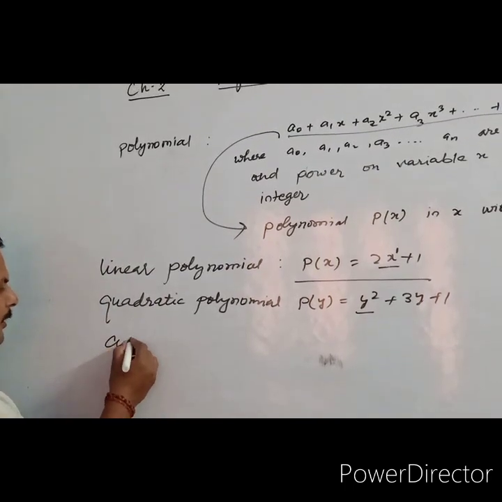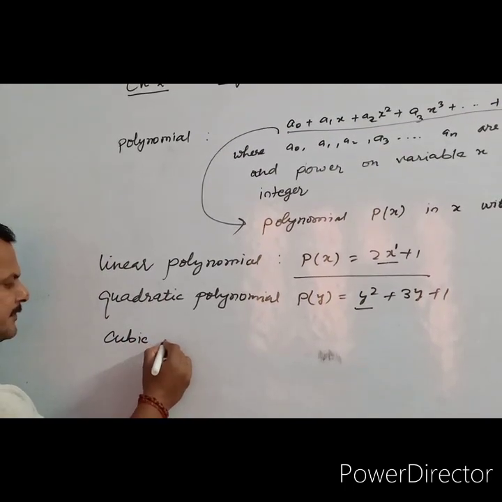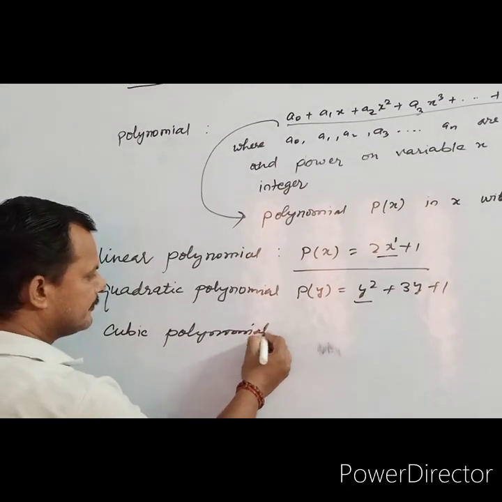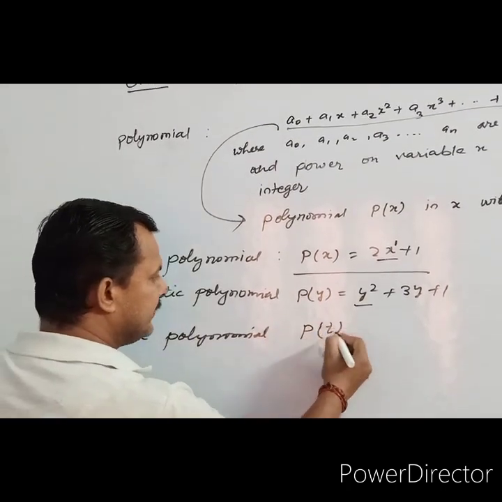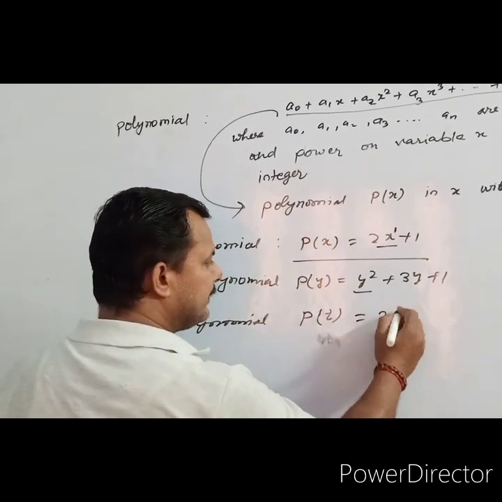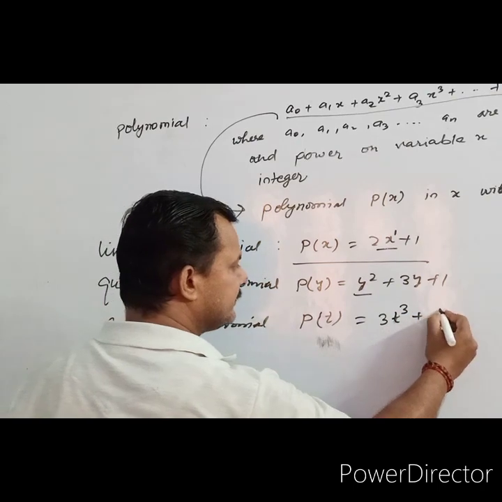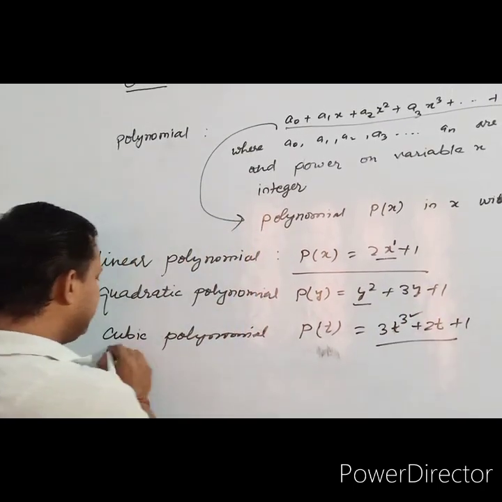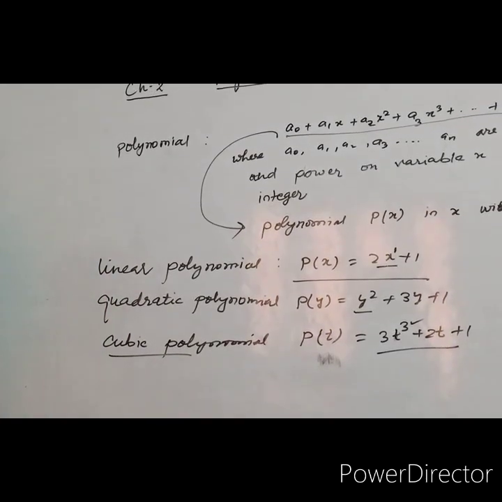Then we come to cubic polynomial. P(t): if the highest degree of the given polynomial is 3, then it will be said to be a cubic polynomial.